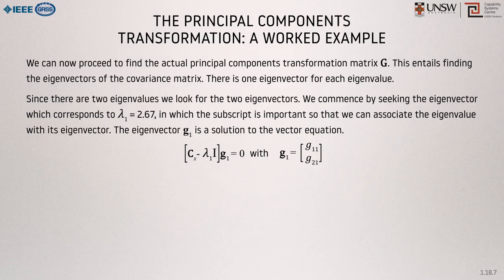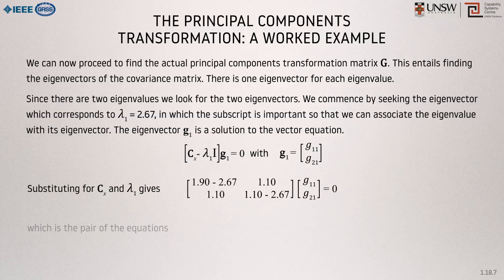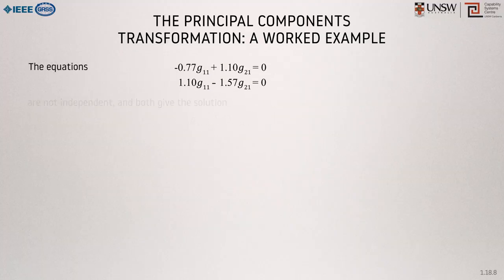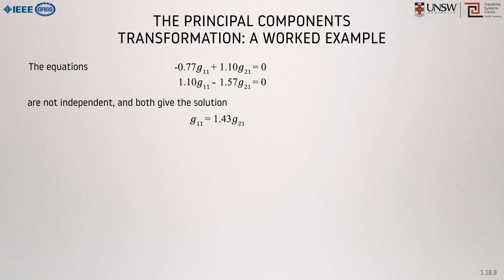The corresponding eigenvector is a solution to the vector equation shown on this slide. When we substitute in the values we know, we get a pair of simultaneous equations in the unknown components of the eigenvector. Both equations are in fact the same and yield the single relationship between the two eigenvector components shown.